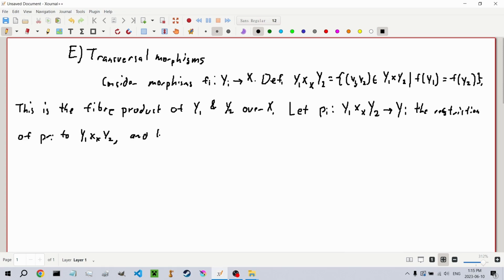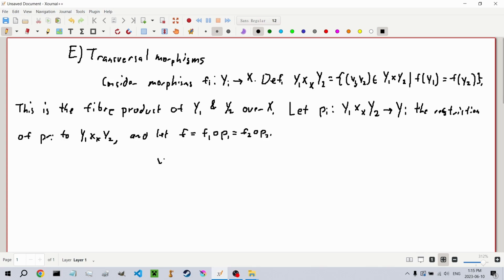And we're going to let f be the composition of f1 with p1, which is equal to f2 with p2.